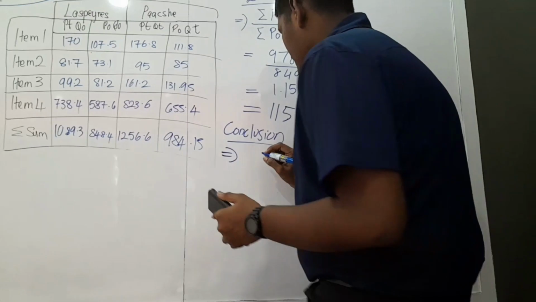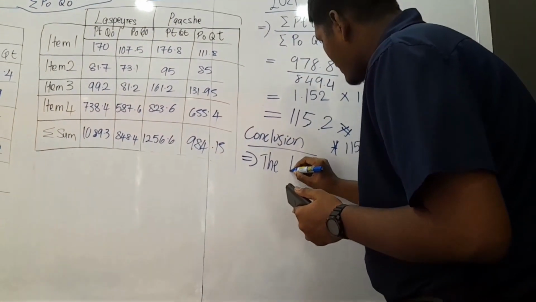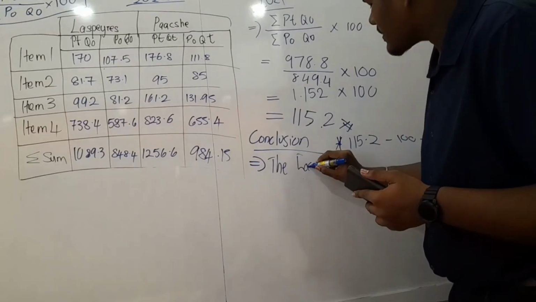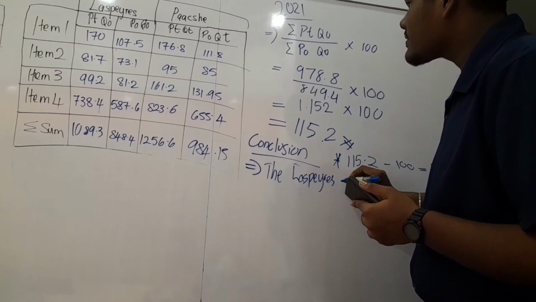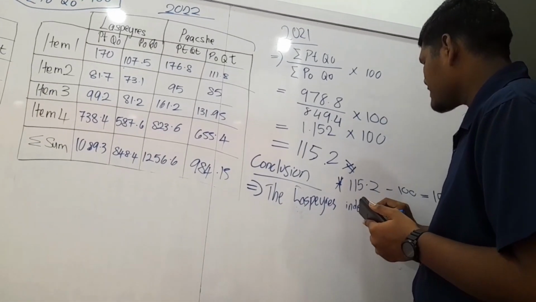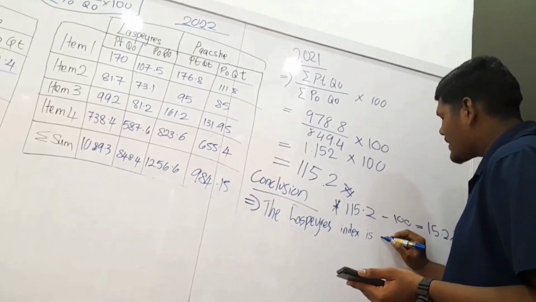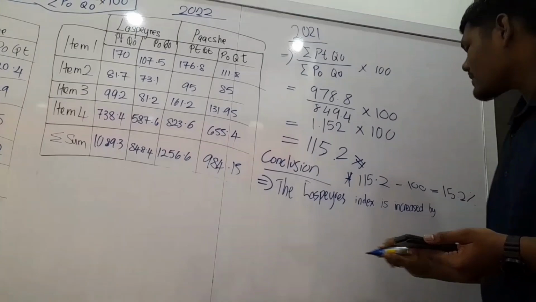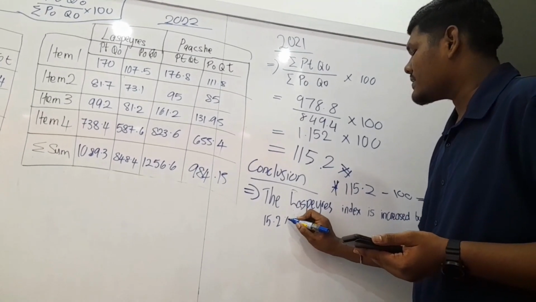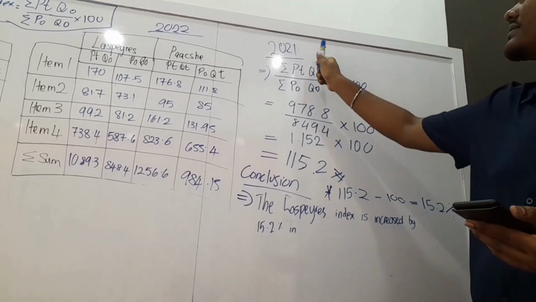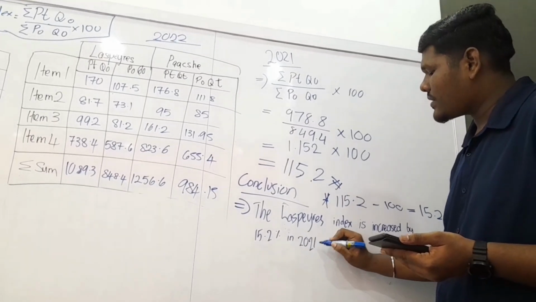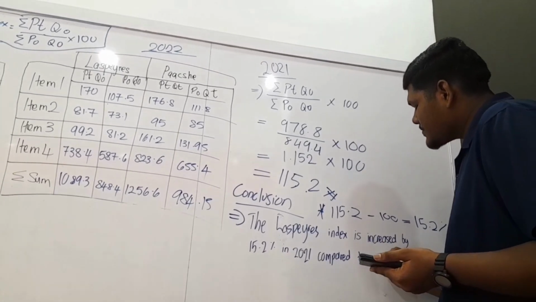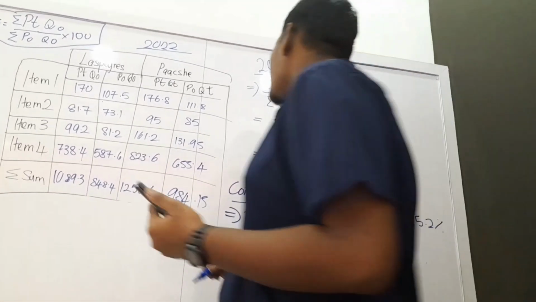The Laspeyres price index is increased by 15.2% in 2021 compared to 2020. That's all for 2021.